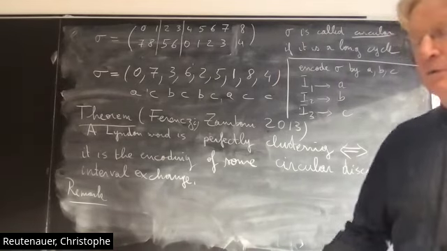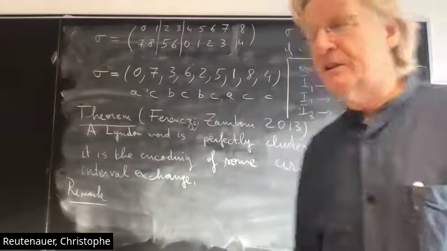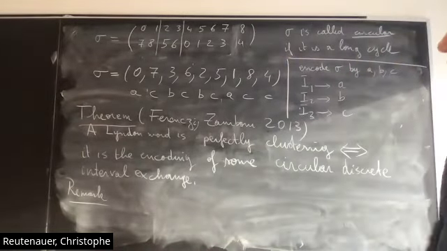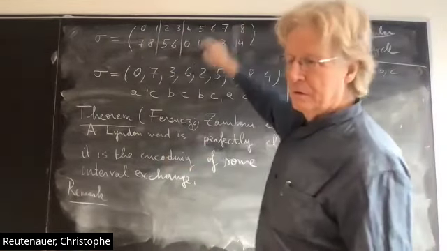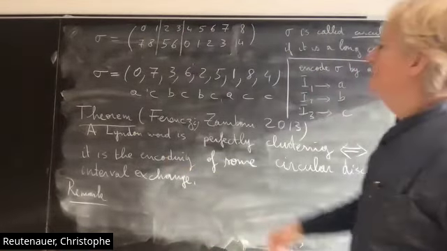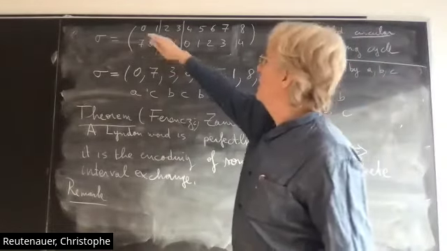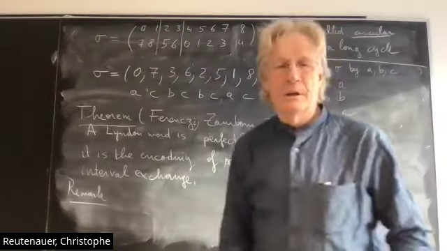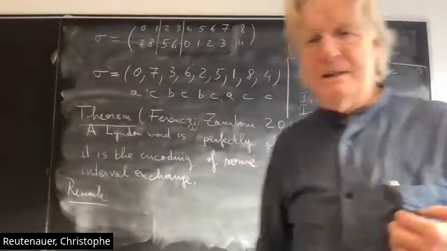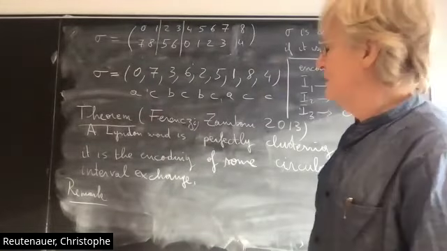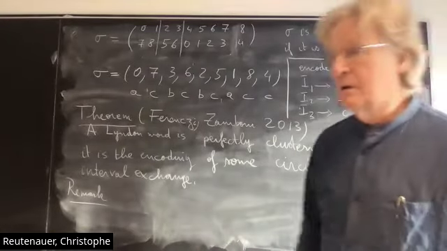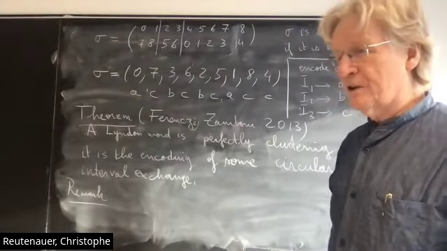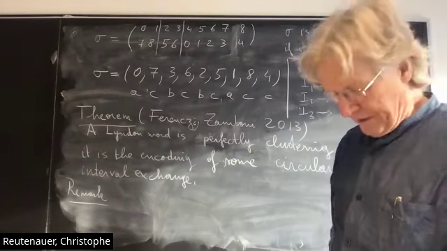That is a way of writing n as a sum of integers. Here it's 2 plus 2 plus 5. And if you know this composition, the intervals I's and the intervals J's are completely determined. However, it's difficult to know if such an interval exchange is circular.